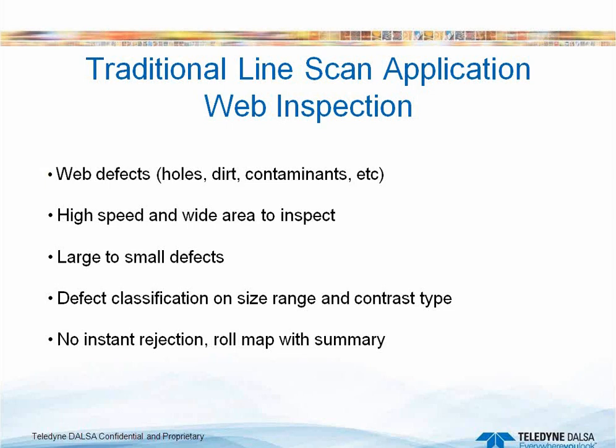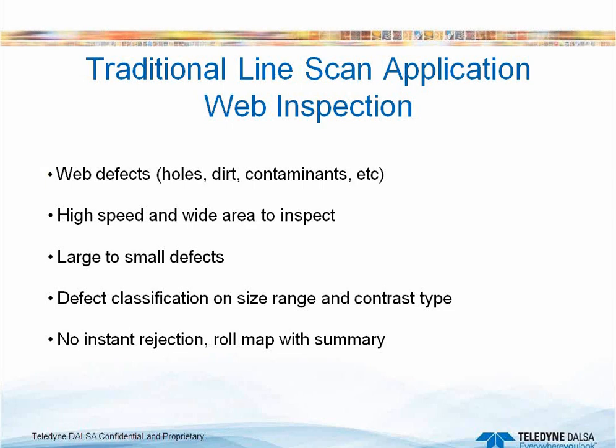You can find holes, dirt, contaminants, rips, things like that. There's always been high speed and also a really wide area to inspect. You're talking about 12 feet, 20 feet, 24 feet conveyors of paper or plastic or film, and you're looking for large to small defects.